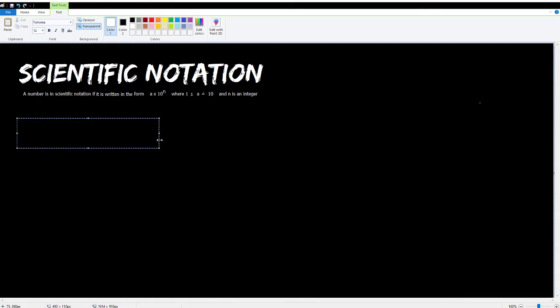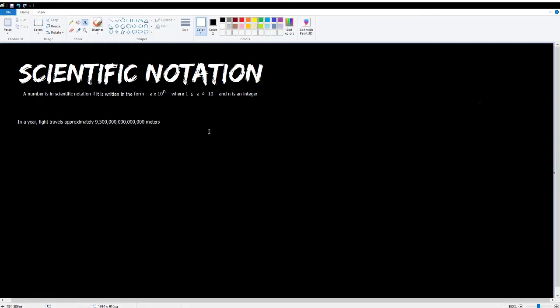So let's extend this out: 3, 6, 9, 12 meters. Okay. So I don't even know how to read this number. But we have to make this into scientific notation.